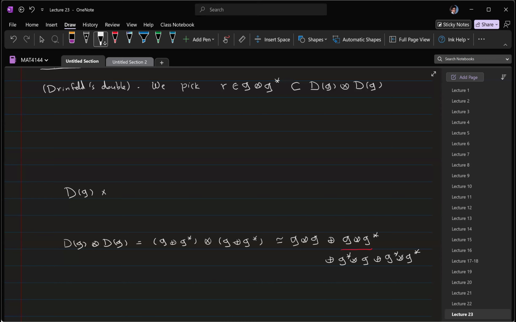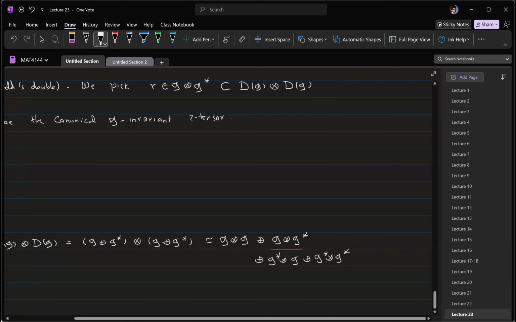And what tensor? So I want this to be the canonical G-invariant 2-tensor. So what do I mean by this? Let me explain. This is a bit of representation theory that's worth knowing.